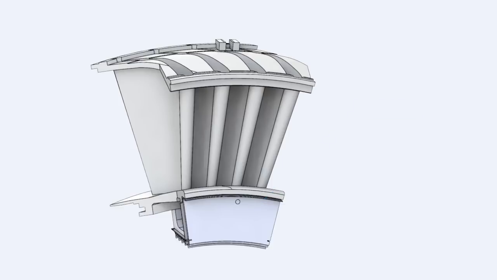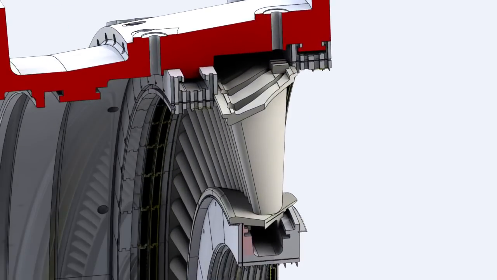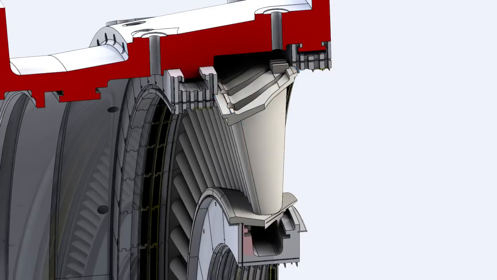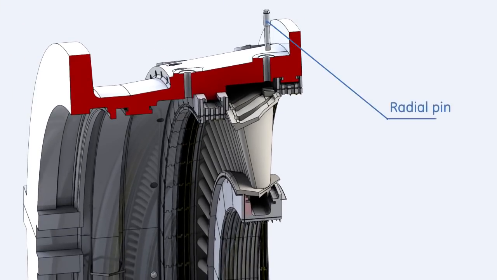The third stage nozzles are not air-cooled. These segments are installed to the stator in the same manner as the second stage nozzle. The third stage nozzle is supported by the second and third stage shrouds. The nozzle segments are held on the circumferential position by radial pins from the turbine shell into axial slots on the nozzle outer sidewalls.